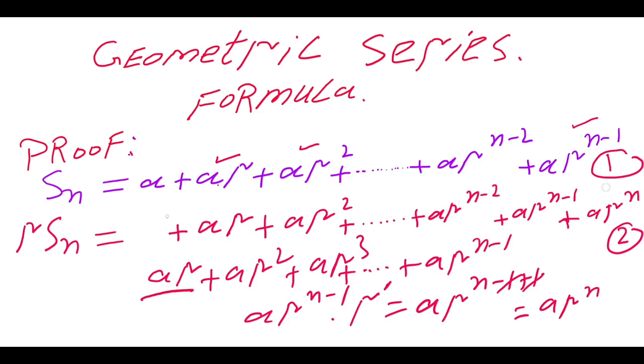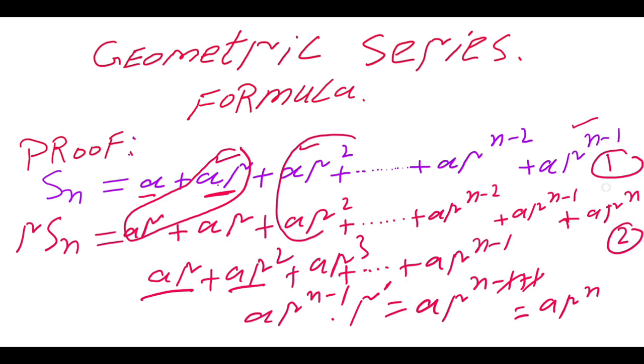Then this AR I must write under here, and this AR square I must write under here. You only subtract like terms, so you subtract these two, and when you come to AR square, you subtract these two.